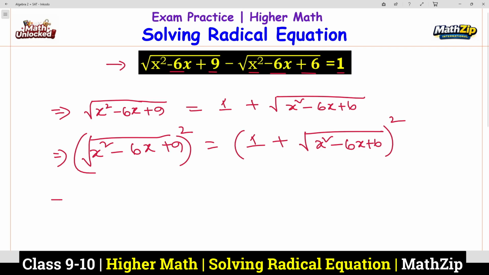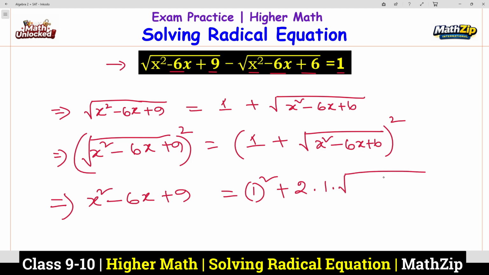Now the root will be out, so x square minus 6x plus 9, and here, as per the a plus b whole square rule, 1 square plus 2 times 1 times root x square minus 6x plus 6, and then plus root over x square minus 6x plus 6 whole square.